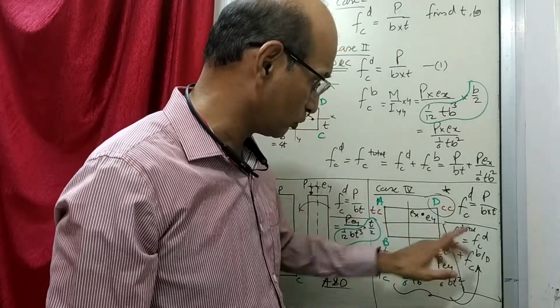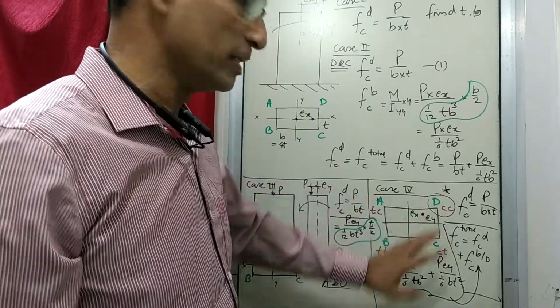That is the total at D, and that is the worst.